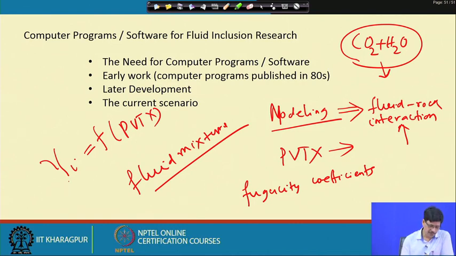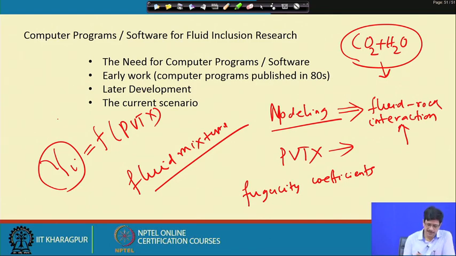So, this fugacity coefficient can only come from the PVTx. Once the PVTx relationship is established, then only will it be possible, through standard formulations and use of thermodynamics, to calculate the fugacity coefficient, which is an important parameter for quantification of any fluid rock interaction process where a fluid phase is involved.